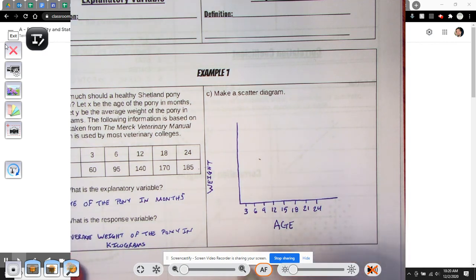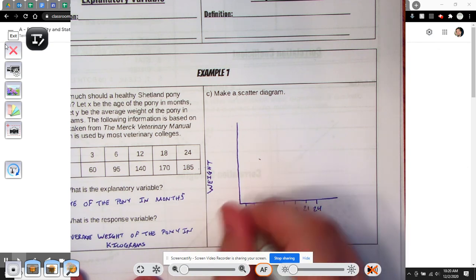And then for our y values, we could do the heartbeat thing, but I'll count by tens.